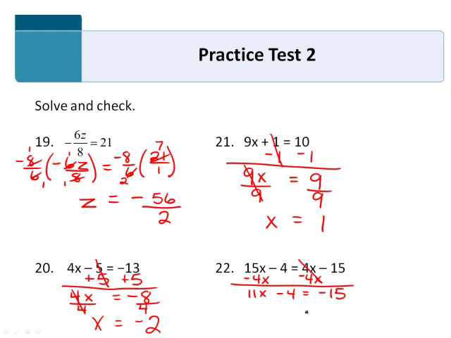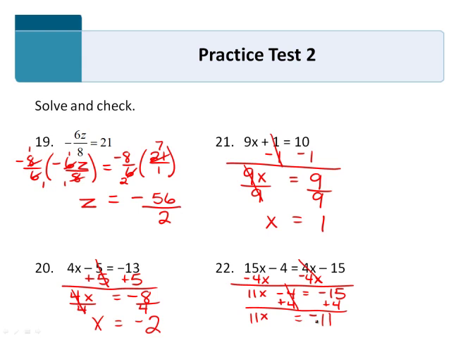Okay? Now, because we just moved our variables to the left, now I move the constant, the negative 4, that has to go to the right. So add 4 to both sides. So I have 11x, that comes down, the 4's cancel, equals negative 11, because negative 15 plus 4 gives you negative 11.